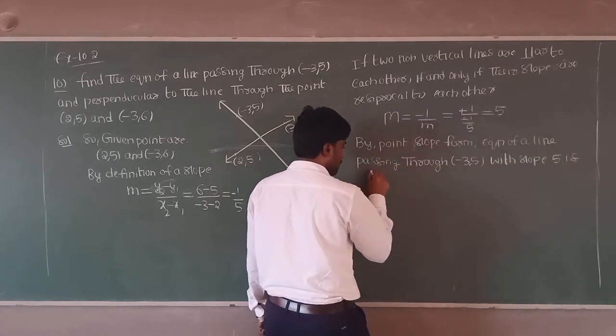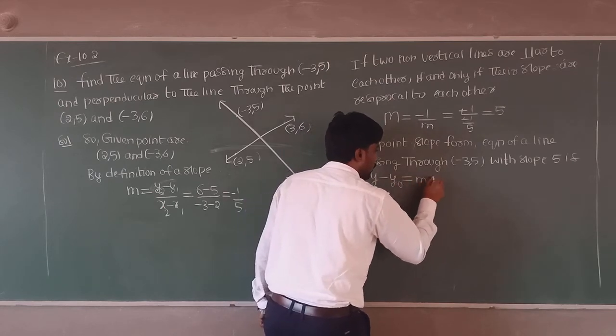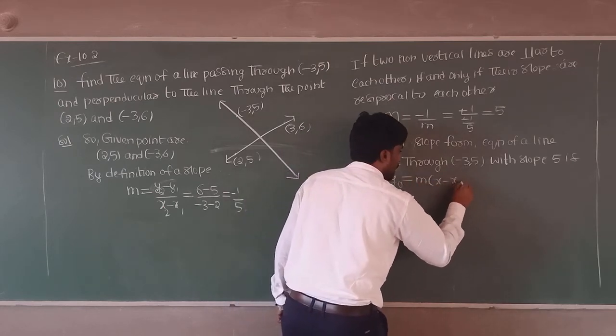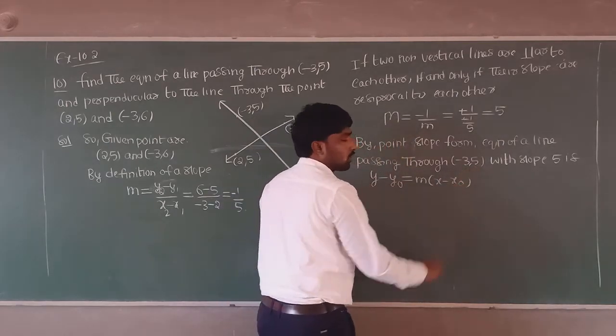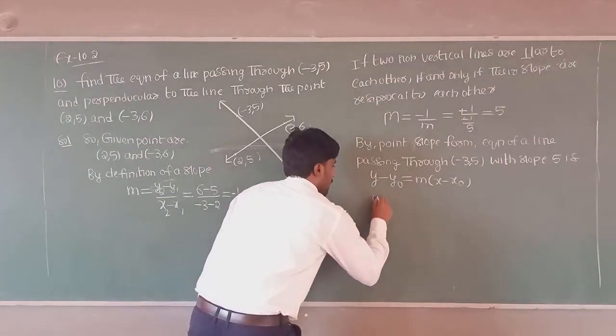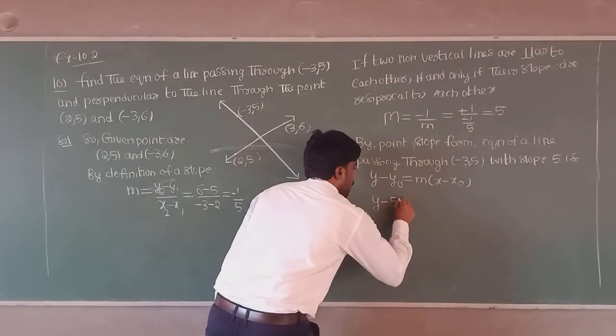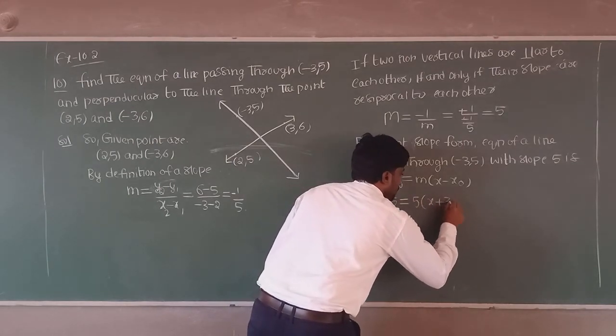the formula is y minus y naught equal to m into x minus x naught. Okay, what is x naught here? -3. Y naught is what here? 5. M value is what? 5. So y minus 5 equal to 5 into x minus of -3 becomes +3.